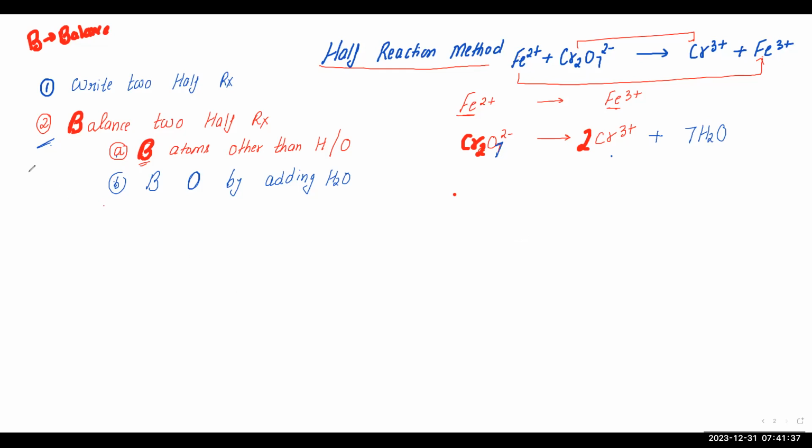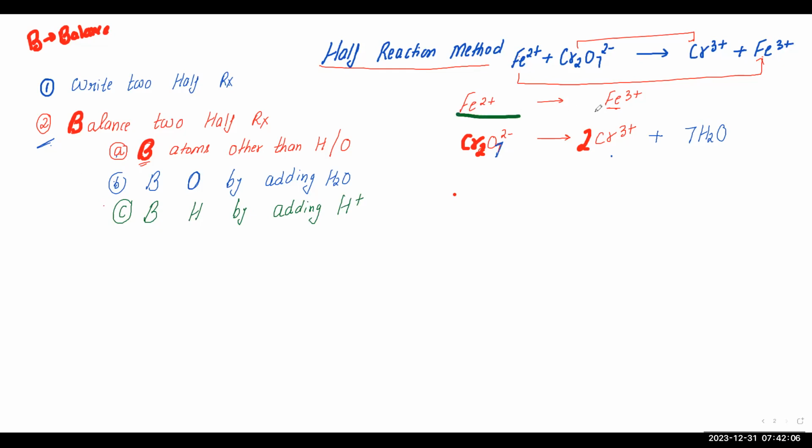Now, C rule. C. Again, balance. This time, balance hydrogen. Hydrogen by adding H plus. So can you see I'm balancing atoms? Balance hydrogen here. There is no hydrogen in the first equation, right?